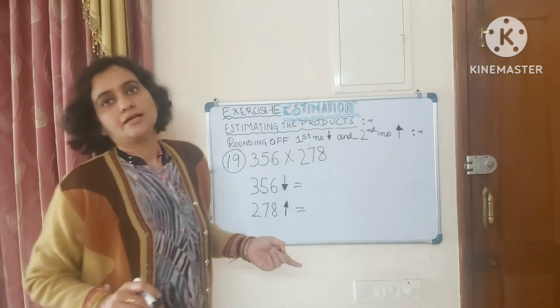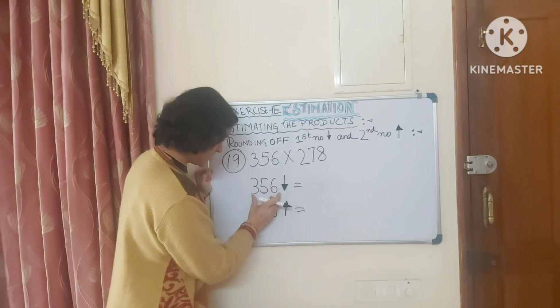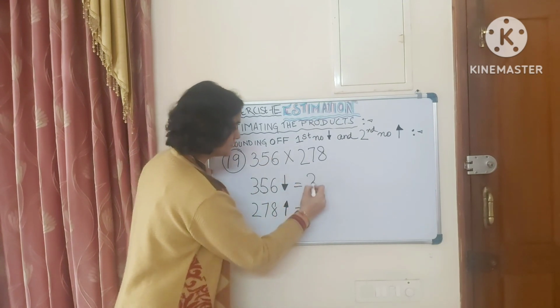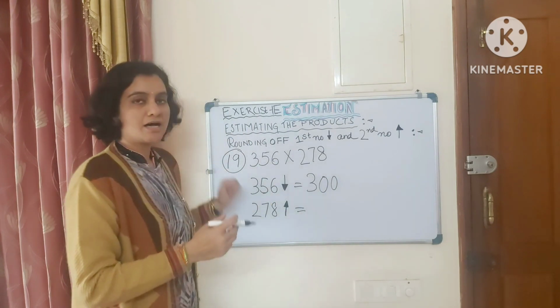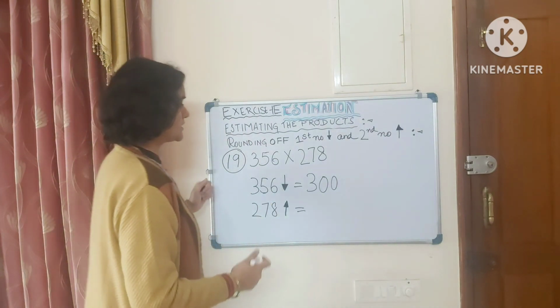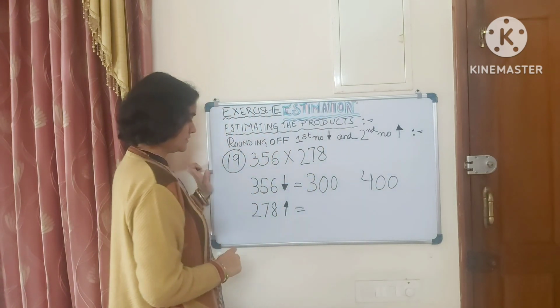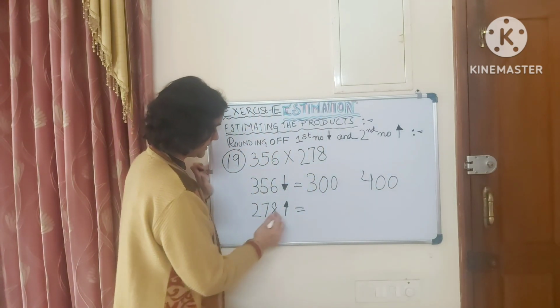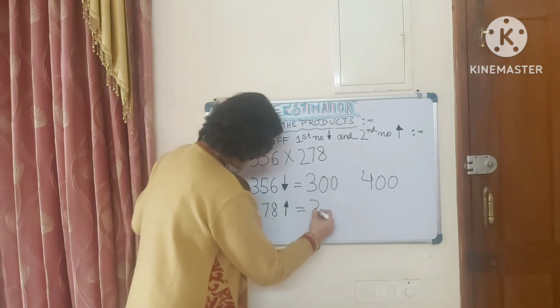Either the answer will be 300 or 400. When it is asking to estimate this number downwards, it will become 300. If somebody asks us to estimate 356 upwards, it will become 400. Similarly, 278: the question is asking us to estimate it upwards, so it will become 300.